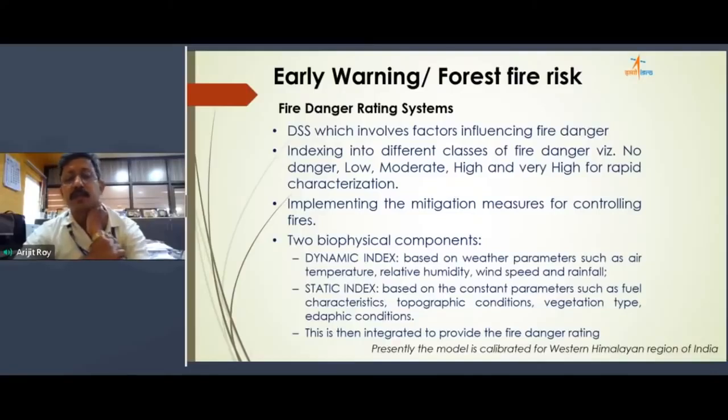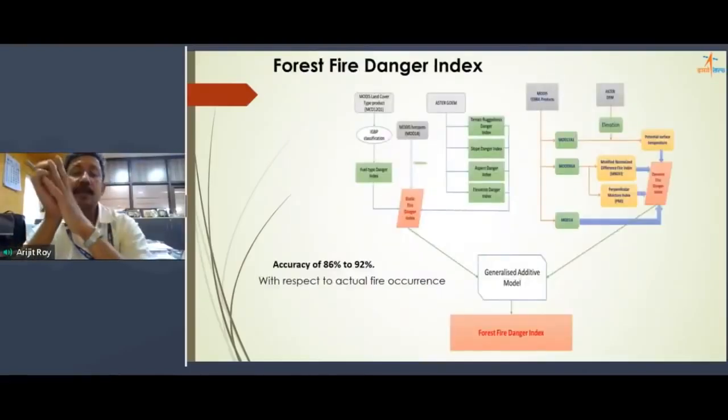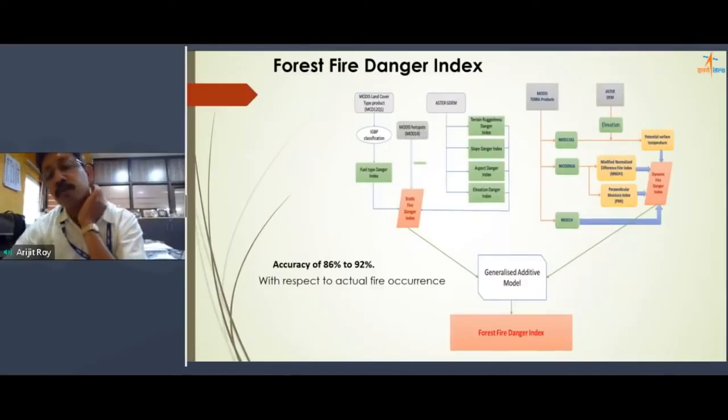The other was a static index based on the constant parameters like fuel characteristics, topographic conditions, vegetation type, edaphic conditions, etc. The two models were developed separately as a static fire danger index and a dynamic fire danger index. Both were integrated with a generalized additive model to give a final forest fire danger index. And this had an accuracy ranging between 86% to 92% with respect to actual fire occurrence on the ground.